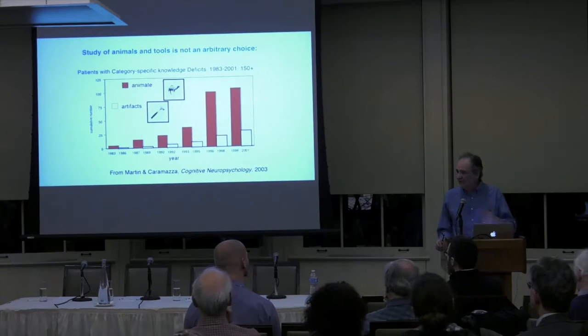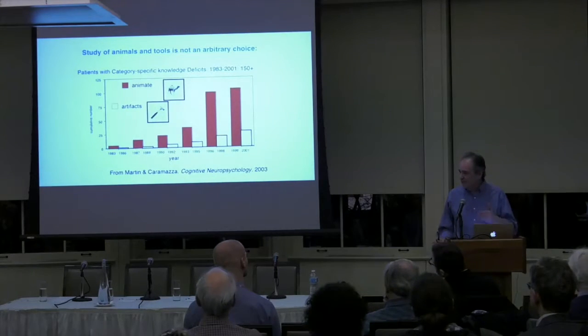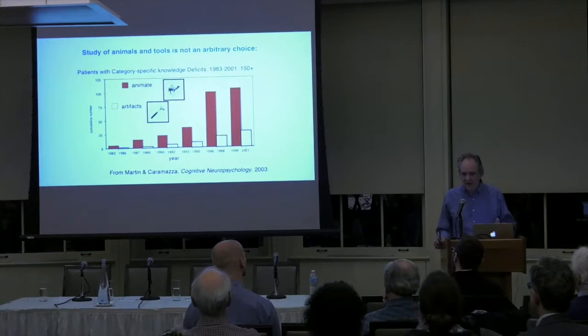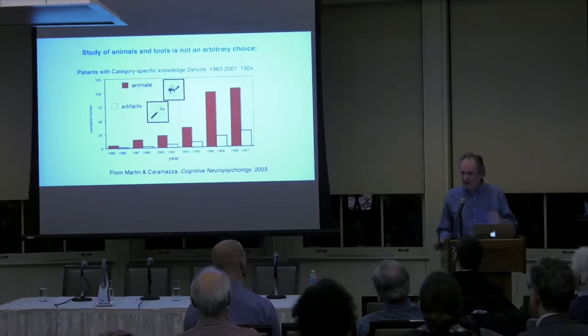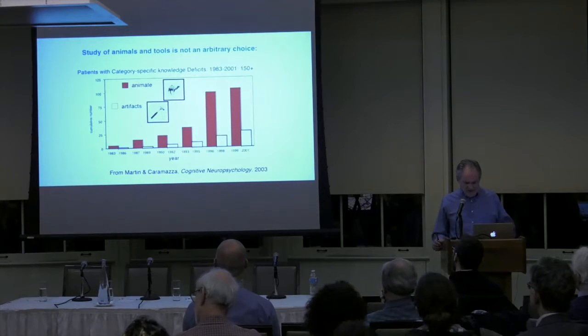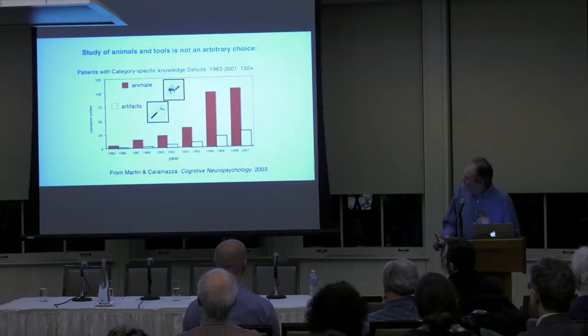And this notion of looking at animals versus tools is not really an arbitrary choice at all. These are the basic object categories that patients with focal lesions tell us to pay attention to, because these are the most common domain-specific knowledge disorders that can occur after brain injury. This is evidence from a review we did a while ago.